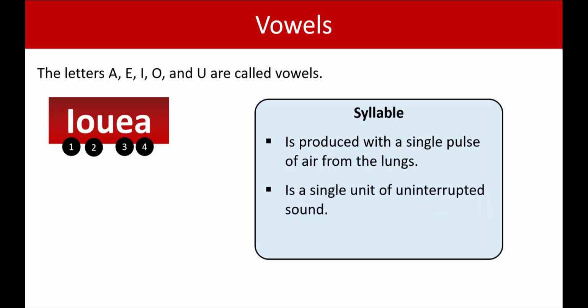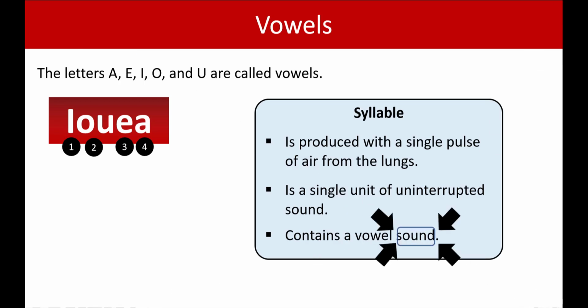And here's our key point, a syllable always contains a vowel sound. Now, this word is important, a vowel sound. Not every syllable contains an actual vowel, so just bear that in mind. We have a whole lesson on syllables. So let's do a few more syllables.